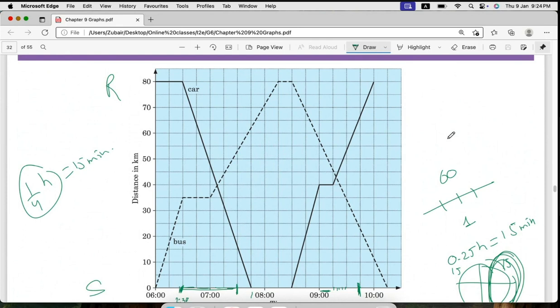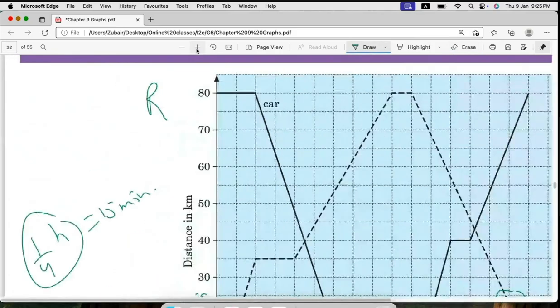40 kilometers. See, at 9:45, when we just keep on going up, I find this intersection, right? So this distance is between these two boxes. This is 25. So in between is 22.5. Then we keep on going, and this is actually not in the middle, right?